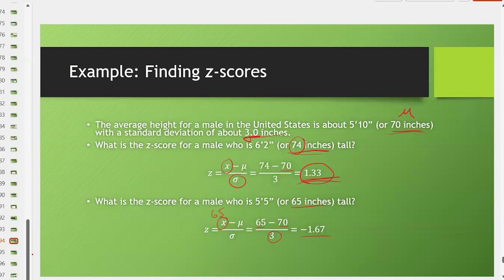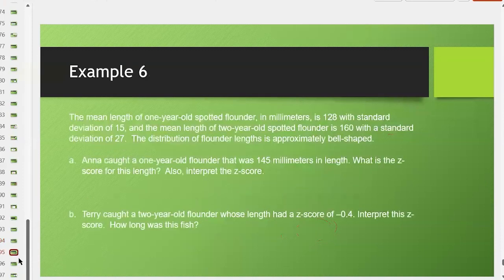And notice that the z-score here is greater in magnitude: 5 inches less is greater in value than 4 inches more. That's what you're seeing in the numbers themselves. It's not exactly a uniform change, but that will occur.